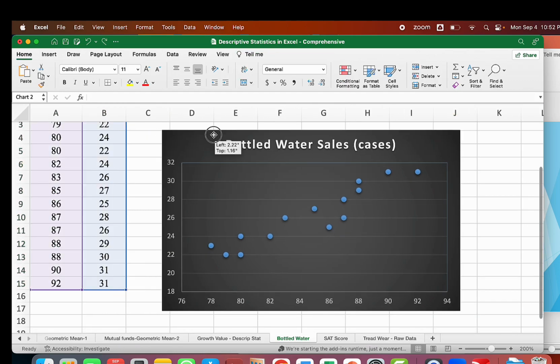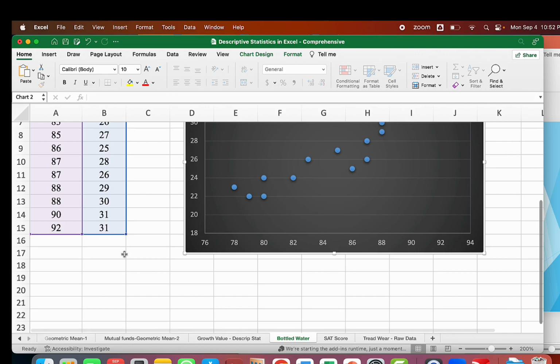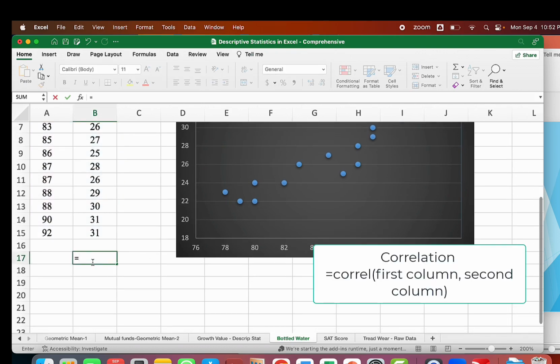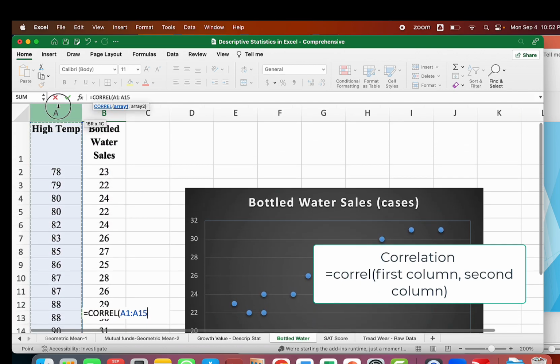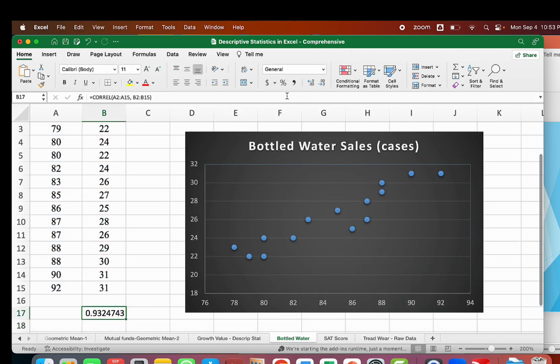Now the next thing is the correlation coefficient, and for that I will use this syntax: equal to CORREL, which basically means correlation. For array1, let's select this one, then comma, the other column, and if I hit enter, it says 0.93.